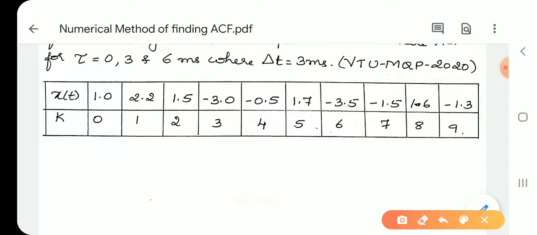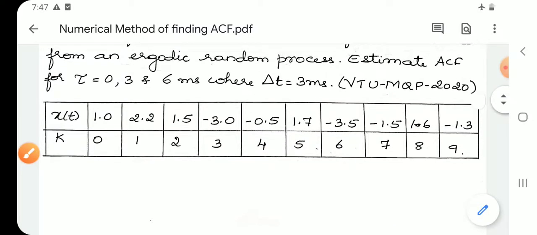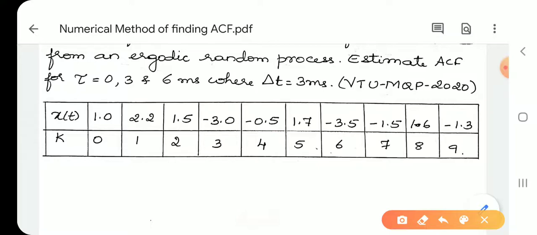We already know that the autocorrelation function of a random process depends upon tau, that is the time difference tau. Now here they have given the different values of x of t which are taken at a regular time interval of 3 minutes. In the beginning it is 1, the value of k is 0.